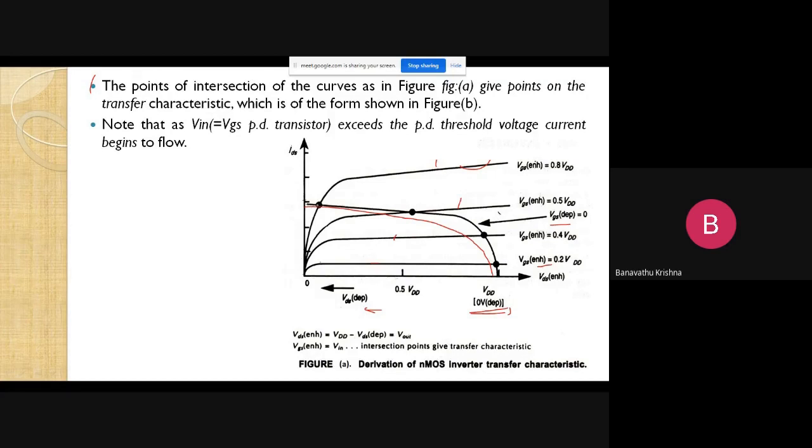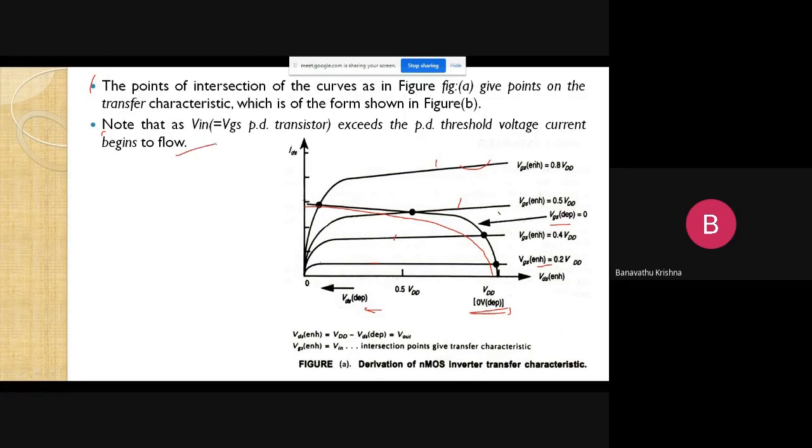This is the depletion mode transistor curve, and this is the enhancement mode transistor curve, where the intersection point, the cross section point, occurs. That is nothing but the transfer characteristics, right? The points of intersection of the curves in figure A give points on the transfer characteristics, which I will show you in the next figure. Note that when V input, that is VGS, of the pull down transistor exceeds the pull down threshold voltage, the current begins to flow.